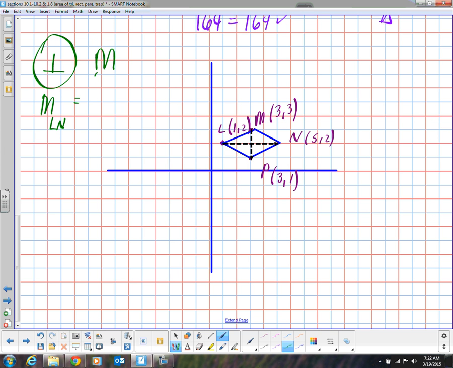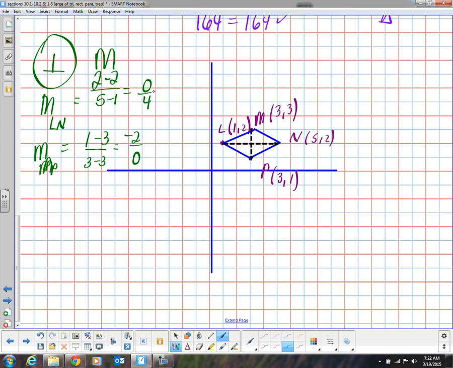So we're going to say 2 subtract 2 over 5 subtract 1, which is 0 over 4. Now I'm going to do the slope of MP. That's going to be 1 minus 3 over 3 minus 3, which is going to be negative 2 over 0.